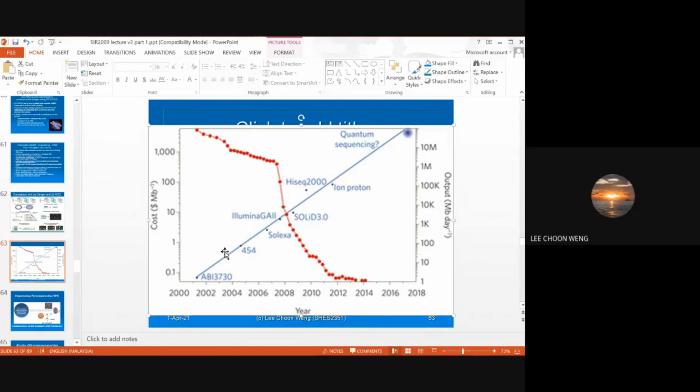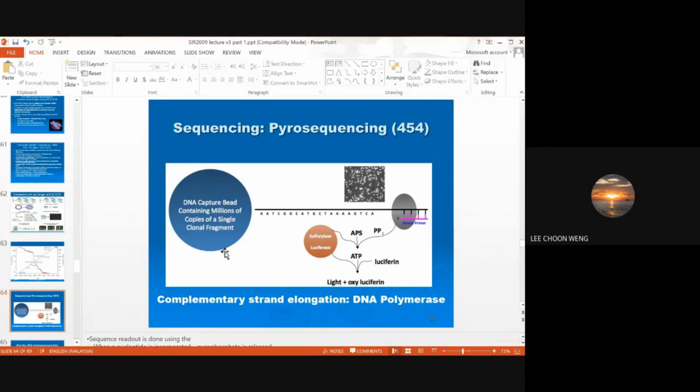Okay, so now we start a bit of detail into Pyro Sequencing, the Roche 454 system platform. This is the one that started it all, primarily because their platform followed a different paradigm.